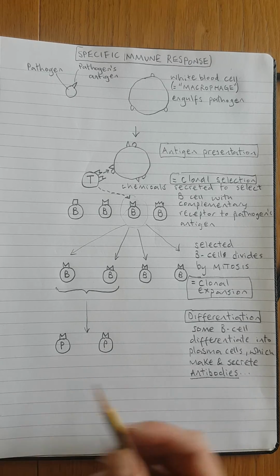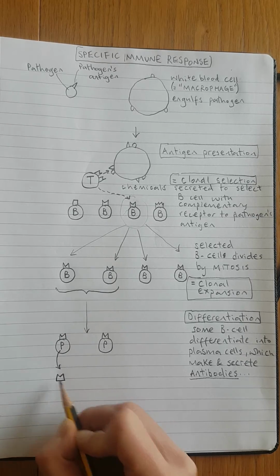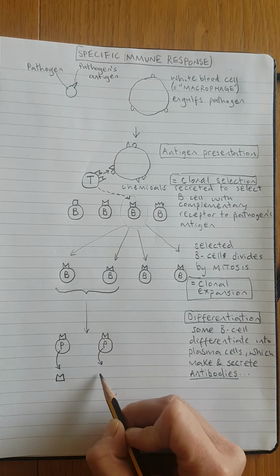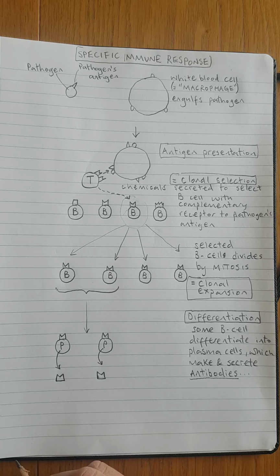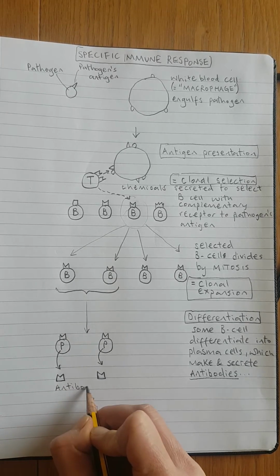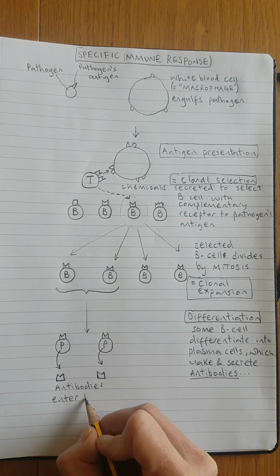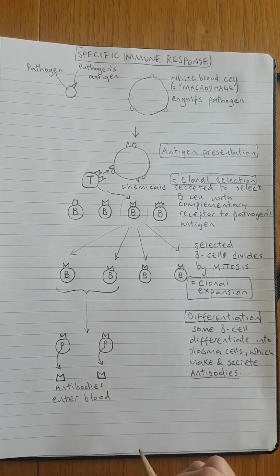Okay, and then let's just have a look and see what these plasma cells do next. They make the antibody. Here are the antibodies being secreted. Obviously, they secrete more than one at a time. And these antibodies then enter the bloodstream and they go off to bind to any antigen that's complementary to it.